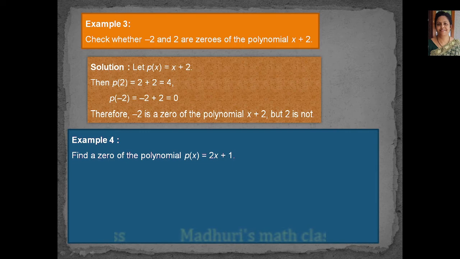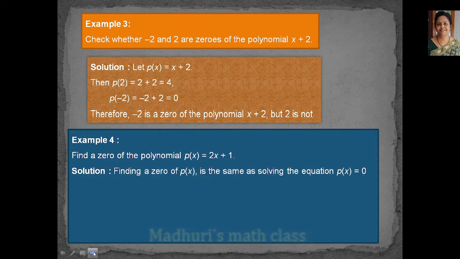Example 4. Find the 0 of the polynomial p(x) is equal to 2x plus 1. How to find? Finding the 0 of p(x) is the same as solving the equation p(x) is equal to 0. Here p(x) equal to 0 means 2x plus 1 is equal to 0. So we will shift 1 to the right hand side, so plus 1 will become negative 1.